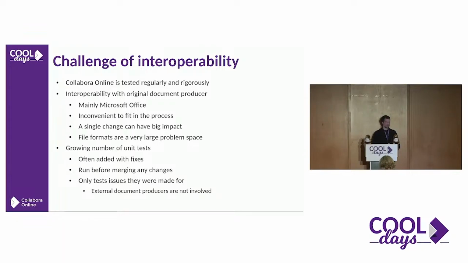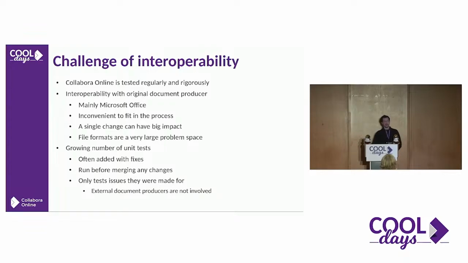Also, a single change can have a big impact and can go undetected for a long time, in the sense that you're working on your document in Collaborate Online, for example, for a while, and then you want to open it later in Office, and it doesn't look the same, or I cannot open it. And that's definitely a problem.